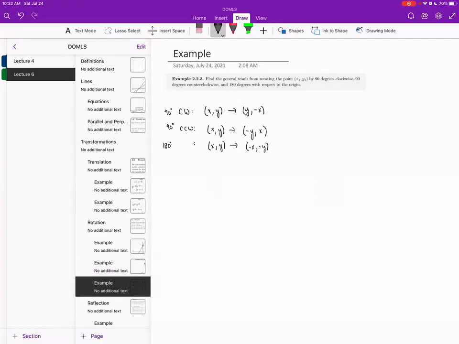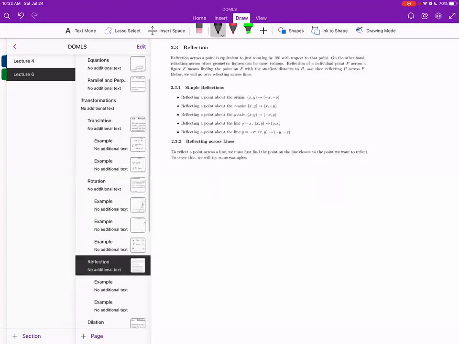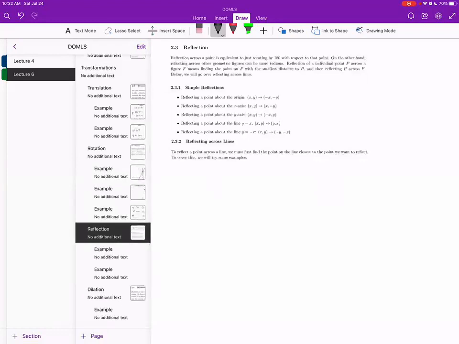So let's go into reflection. Reflection is also a bit tricky, but it's doable. Reflection with respect to a point is essentially the same as rotating with respect to that point by 180 degrees. If you look at the origin and this point here, reflecting this point over the origin will just give us this other point, which is on the opposite side of the origin.